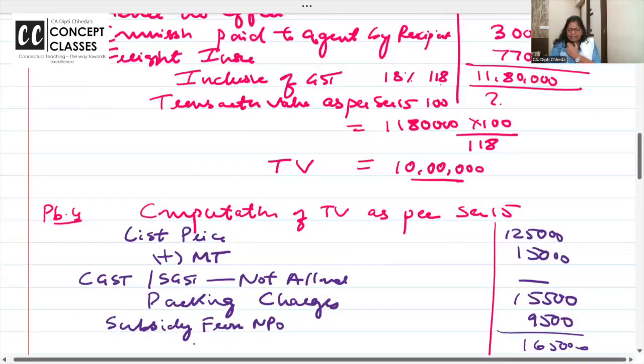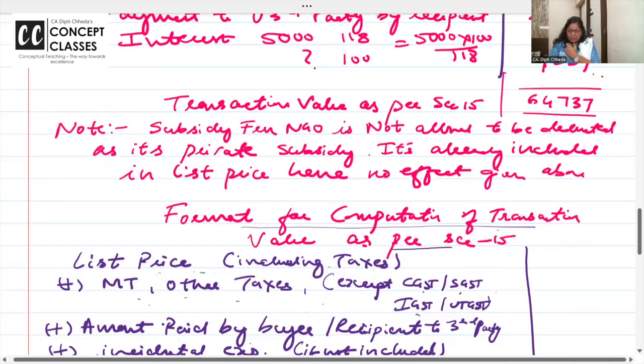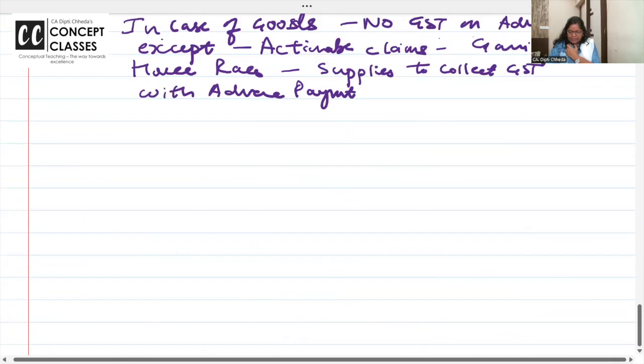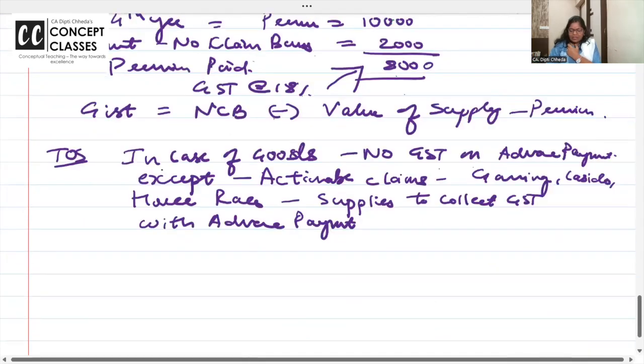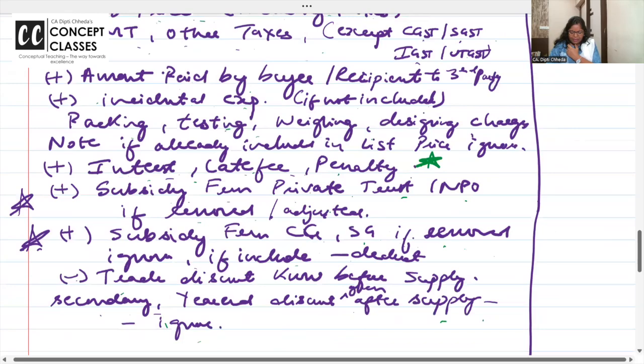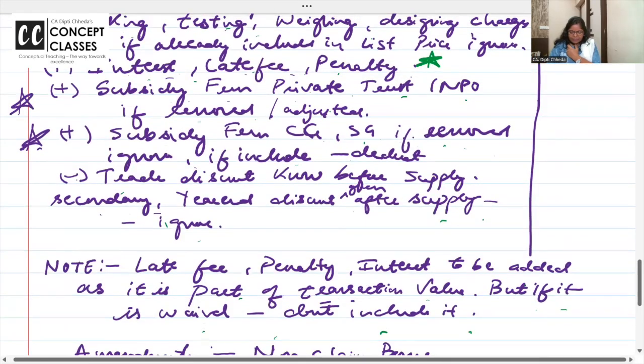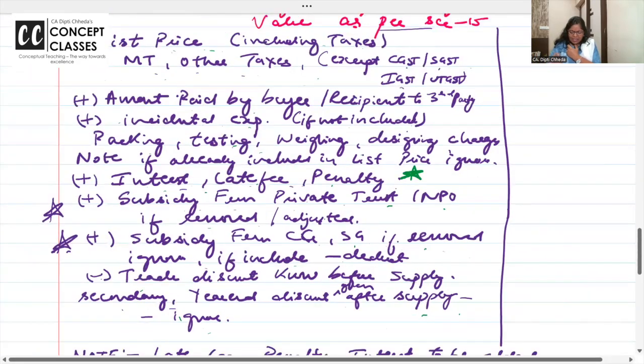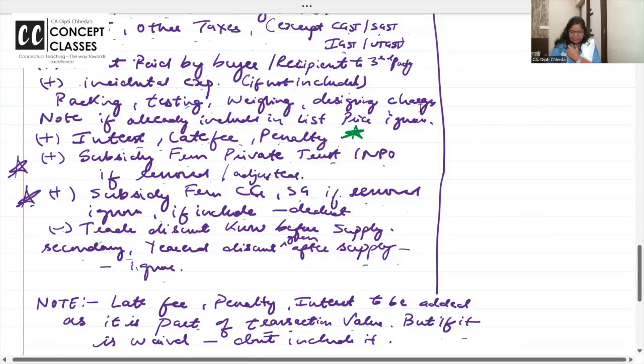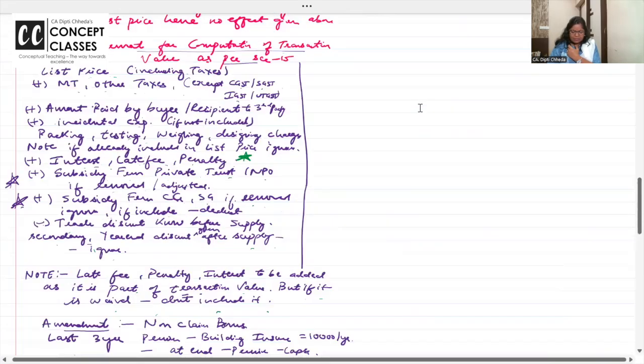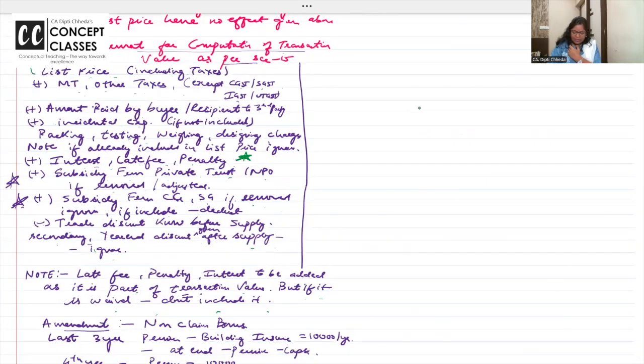Now let us practice certain questions in the notebook also and here also. You want time to write the format or is it clear? Just look at this. Itna sa format hai bas. This is to write the figures, particulars and amount.